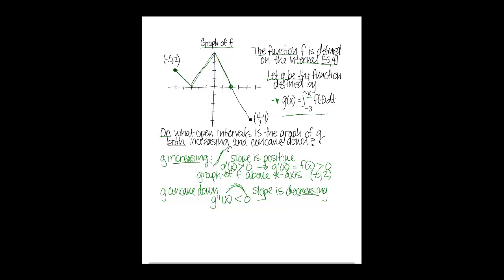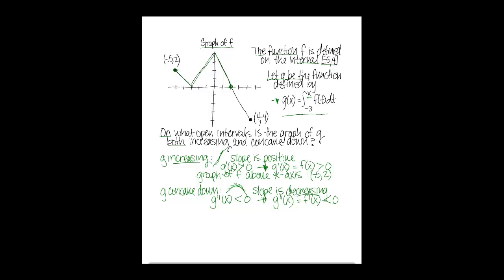So the second derivative, we just go up to where we define the first derivative above, right here. And we just take another derivative. So if g prime is f, g double prime is f prime. So we're going to look at where the first derivative of f is less than 0.